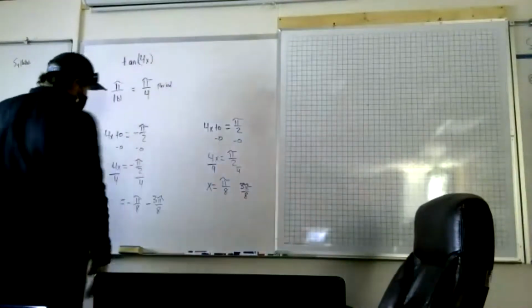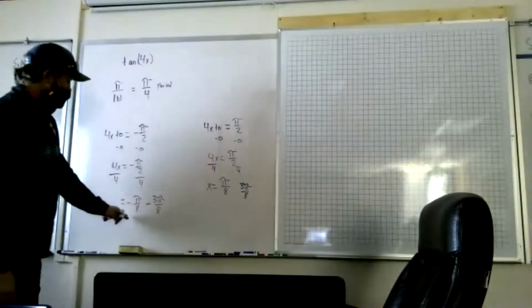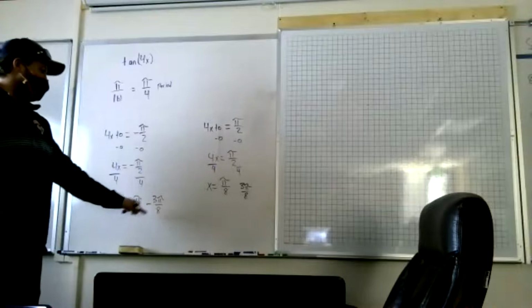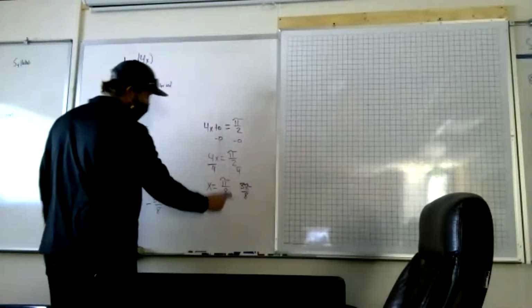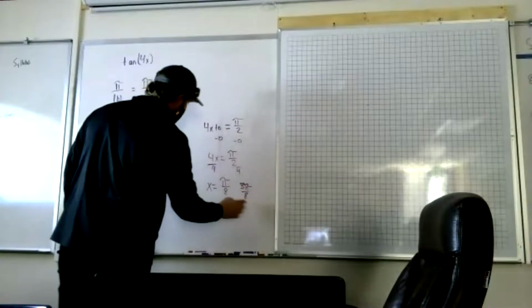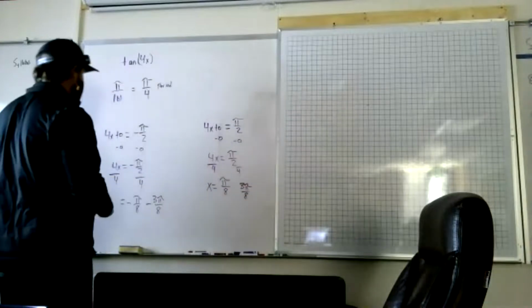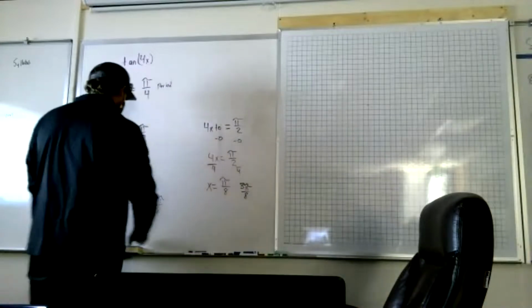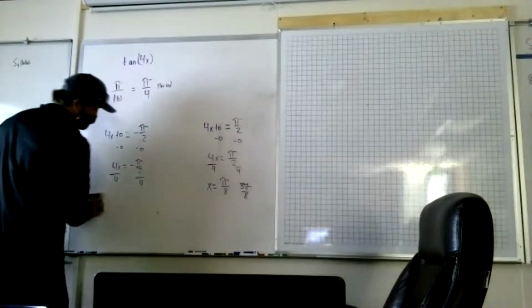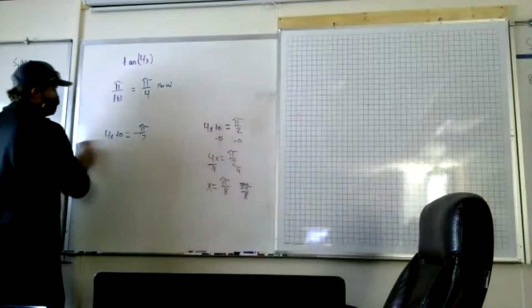Where do your asymptotes fall? Well, we said that they're at negative pi eighths. Then the next negative one is negative 3 pi eighths. On the positive side is pi eighths and 3 pi eighths. But the only thing I didn't do was find the x-intercept. So we have our asymptotes taken care of, because that was off of the first question.